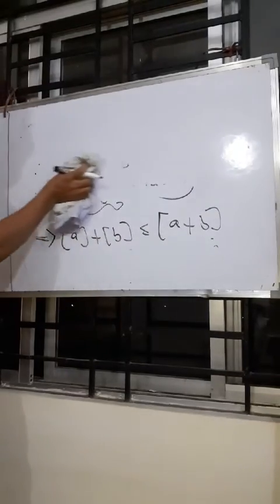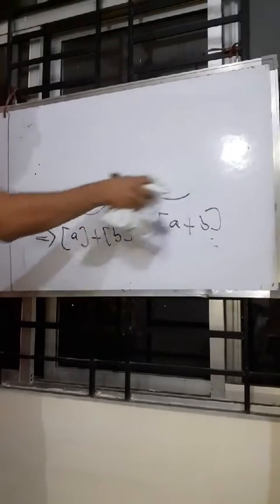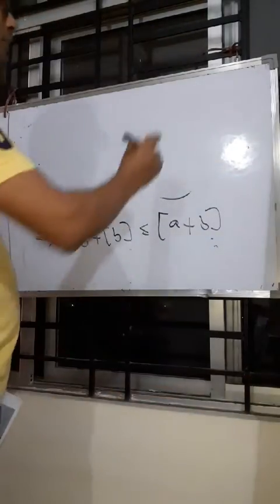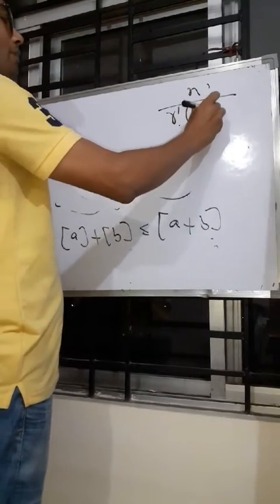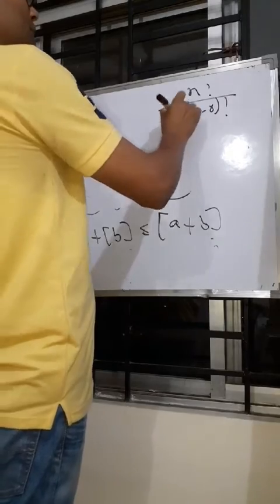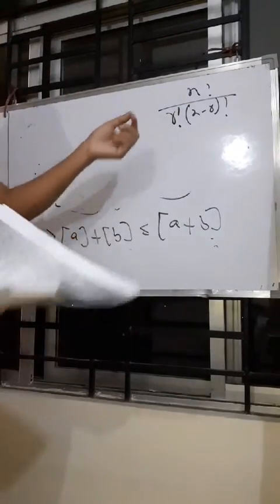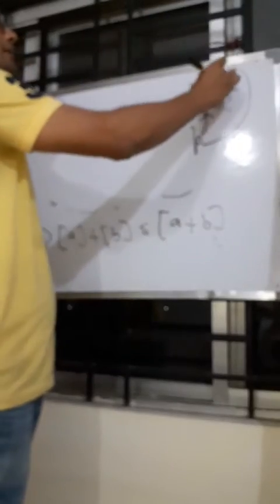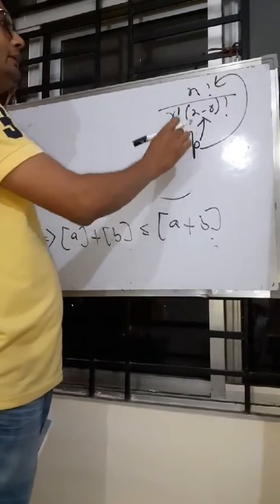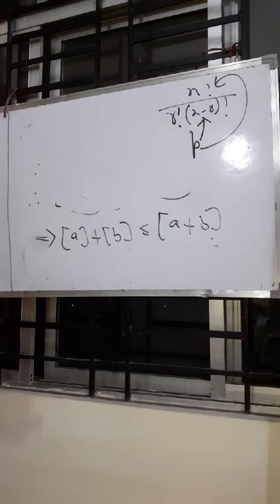Now what is our purpose? We must prove that this is an integer, meaning any prime which divides this thing must divide this thing. Any prime which divides this thing must divide this thing. Okay.